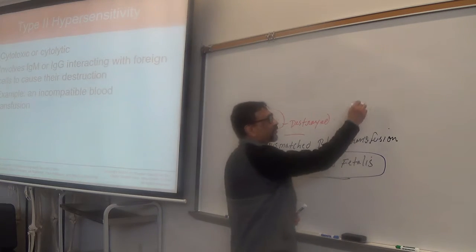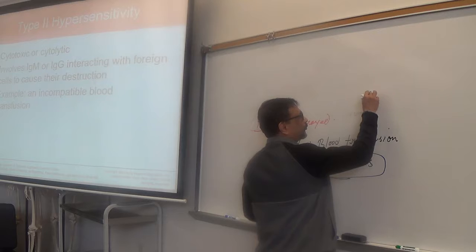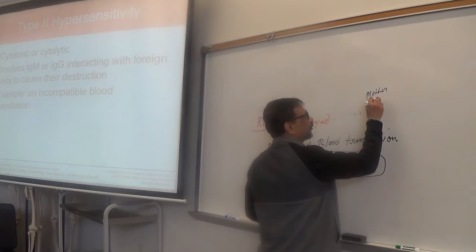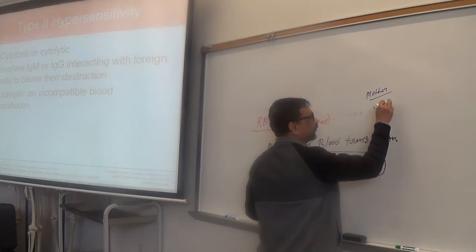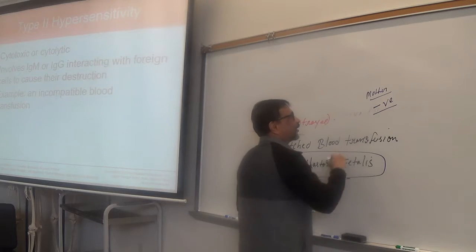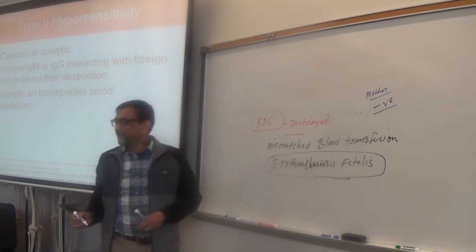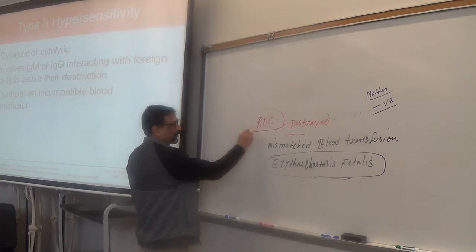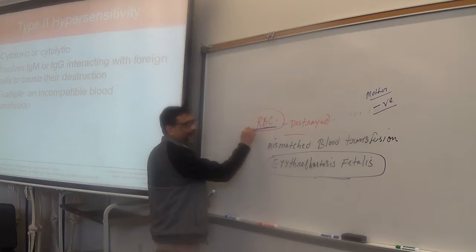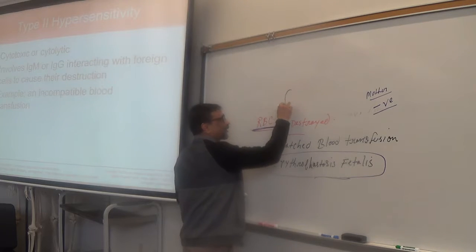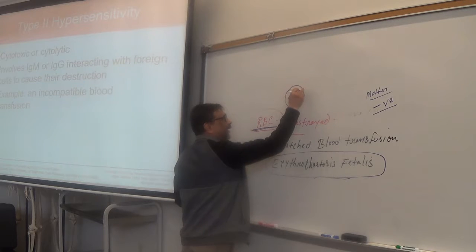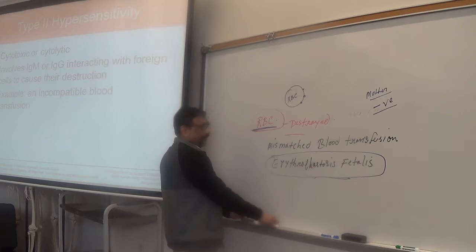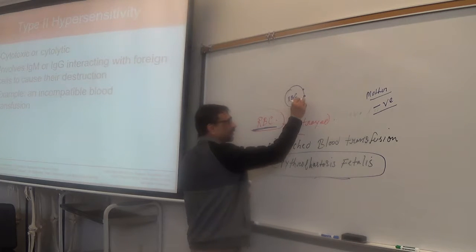If the mother is negative, what does negative blood and positive blood mean? Okay, so that is determined by the red blood cell. On the red blood cell surface, this is the red blood cell, you have antigens. There are different types of antigens.